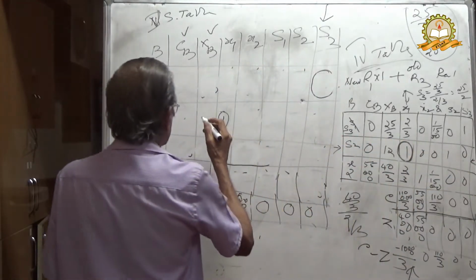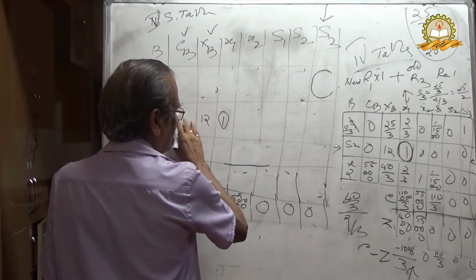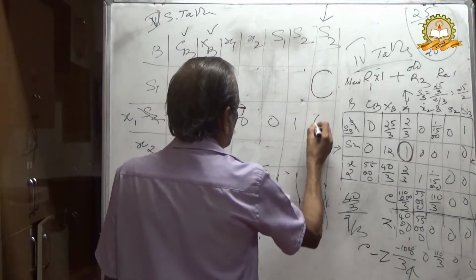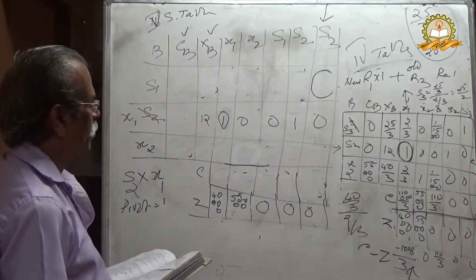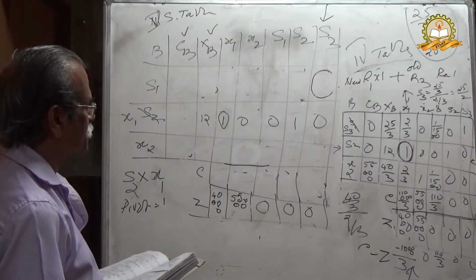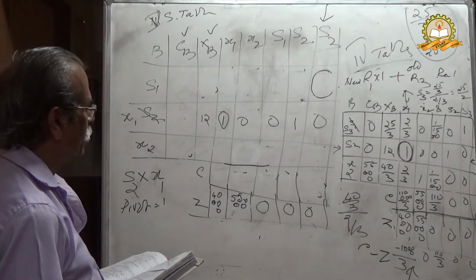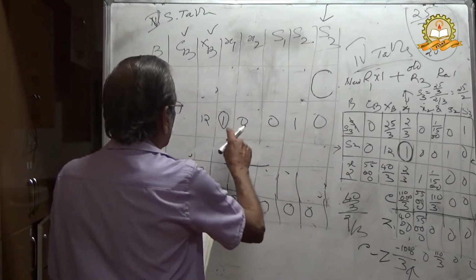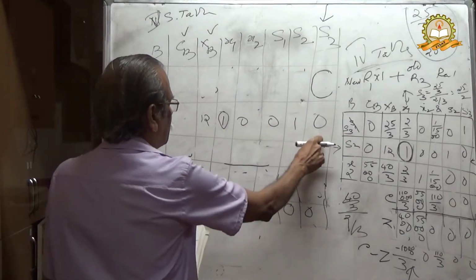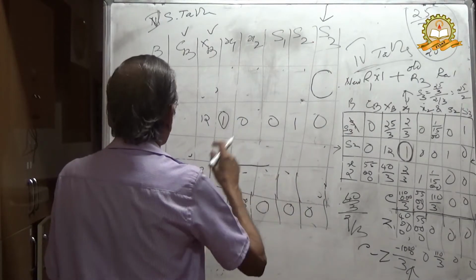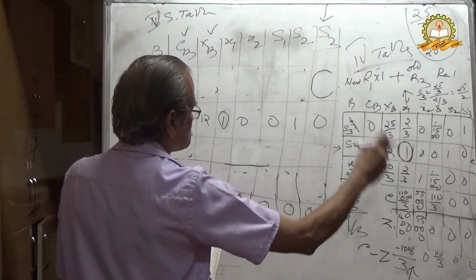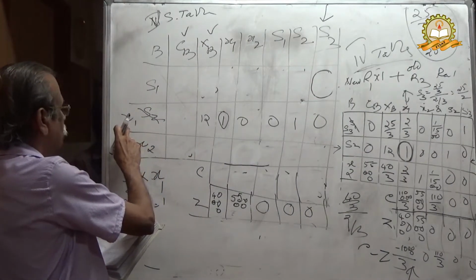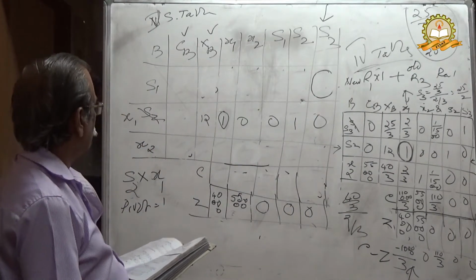Therefore, you can write 12, here we will fill it later, 1, 0, 0, 1, 0. Pivot row is S2, new row R2. Here you have all. Already it is 1, therefore you need not divide by any number. And x1 and S2 intersect, therefore S2 cuts away and x1 comes in the second row.